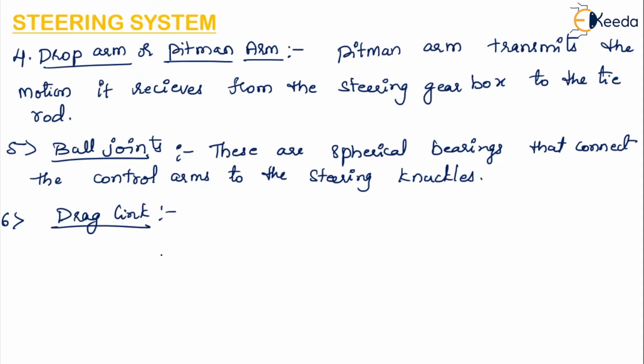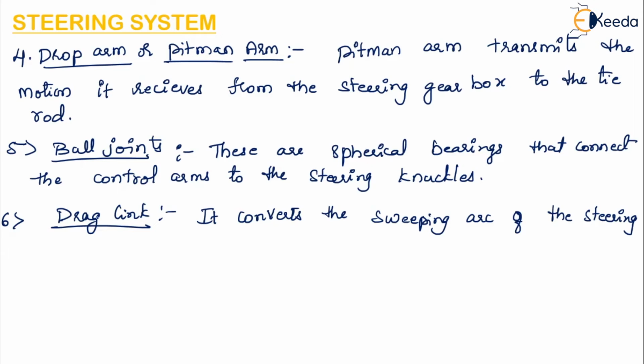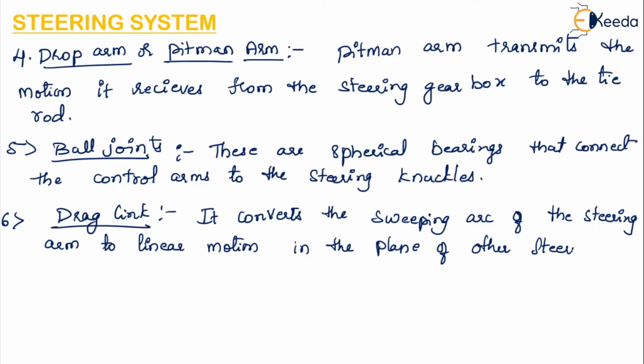This drag link converts the sweeping arc of the steering arm to linear motion in the plane of the other steering links. So the sweeping motion is converted into linear motion by the drag link when it has to transfer this motion to the other steering links.